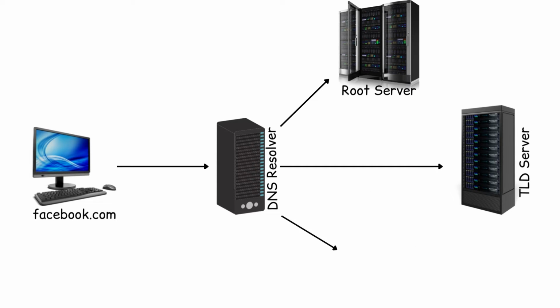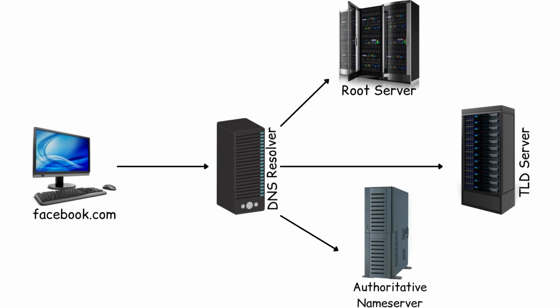The DNS Resolver will now query the authoritative name server for facebook.com's IP address. All domain information, including the IP address, will be known to the authoritative name server. As a result, it sends the IP address to the DNS Resolver, which returns the result to the computer, which stores the IP in its local cache and loads facebook.com.